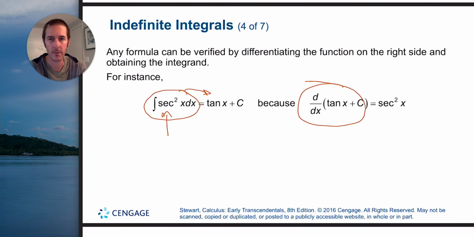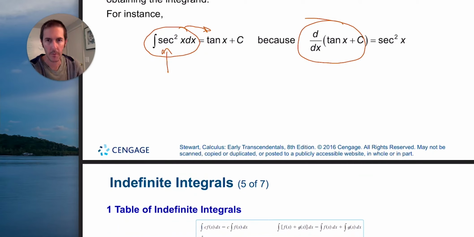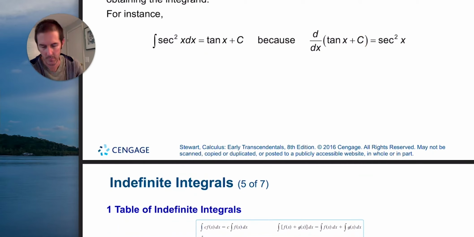The output, rather, of the integration process is the integrand. Differentiating the function on the right-hand side and obtaining the, I lied. It's the argument. The argument of the integral function or integration process is called the integrand. So sloppy. Integrand.